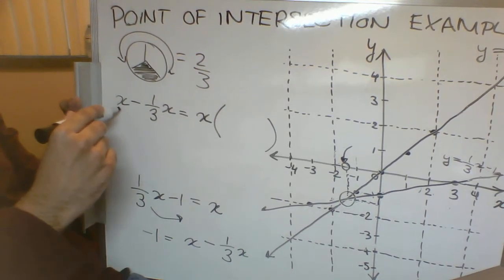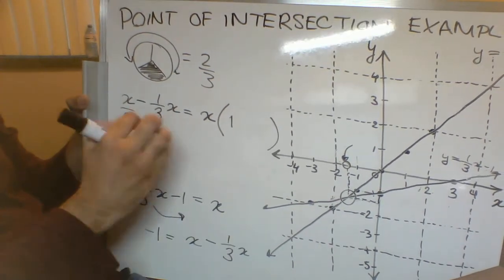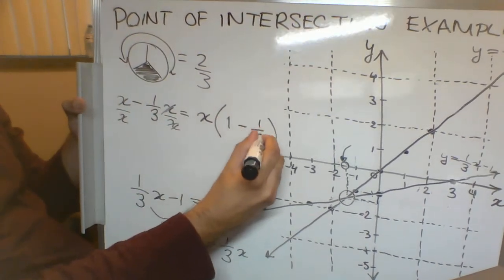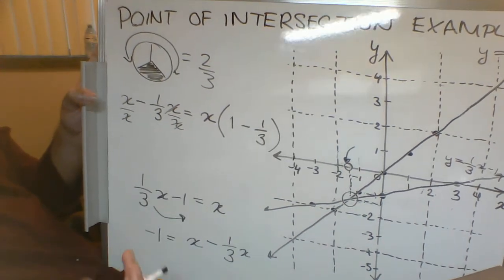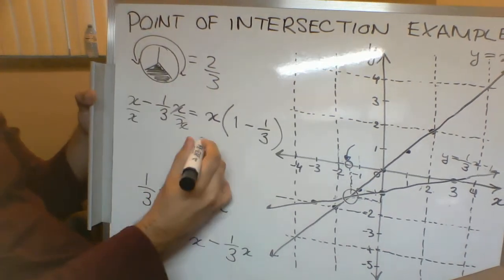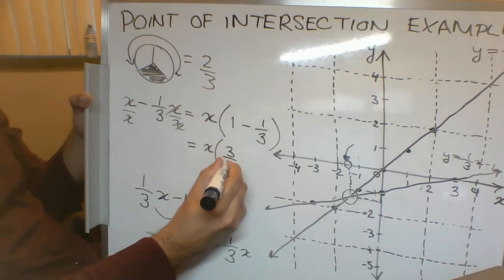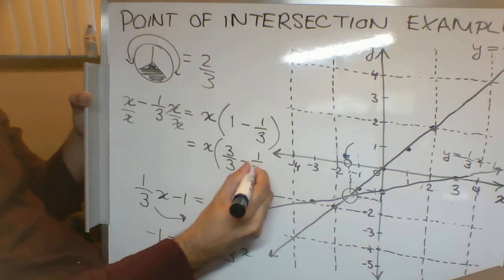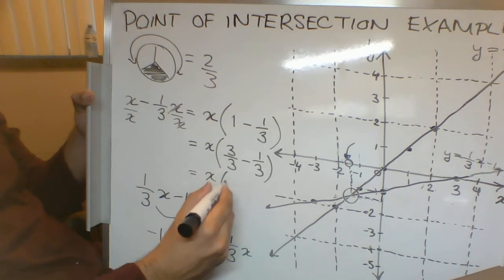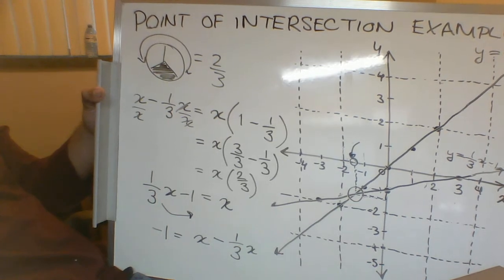So if I divide the first term by x, x divided by x is equal to 1. And 1/3 of x divided by x, again the x's just cancel, I'm left with 1/3, and the minus sign just comes along for the ride. Now, you could reason your way to this 2/3 answer, but if you wanted to do it the mathematical way, then to get a common denominator, 1 is equal to 3/3, and then we subtract 1/3. 3/3 minus 1/3, that's just 3 minus 1 on top, and we keep the denominator the same, and we get an answer of 2/3.